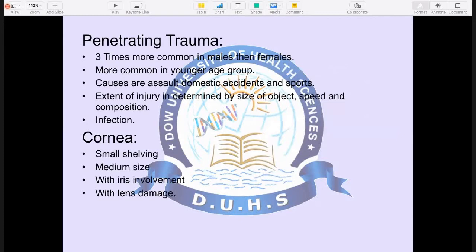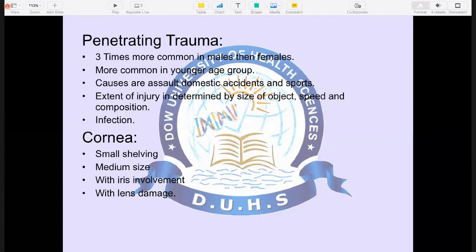Moving on. Penetrating trauma is when you have something like a foreign body that goes inside the eye. Causes can be profession related, such as welders. They often get a foreign body injury. It can be assault too, and a penetrating injury will have a point of entry.